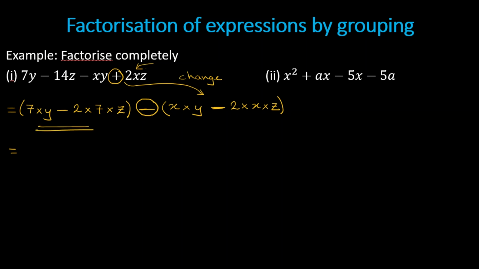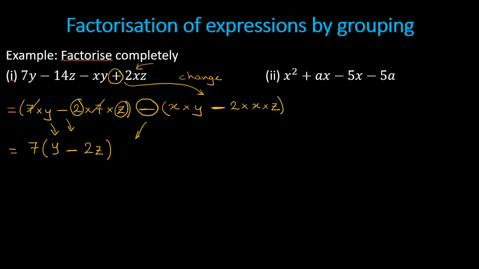In the first pair of brackets, which number is common? We have 7, which is common. So it has to be outside the pair of brackets. We are left with y minus 2z.